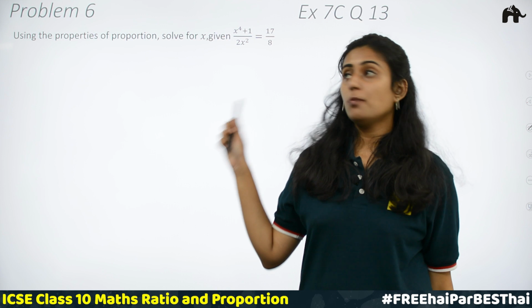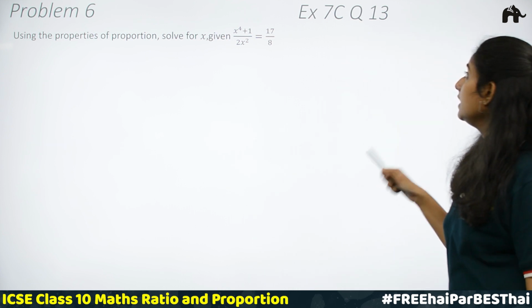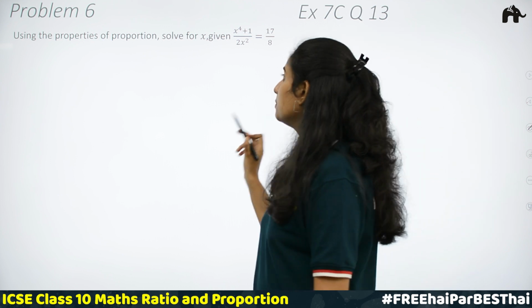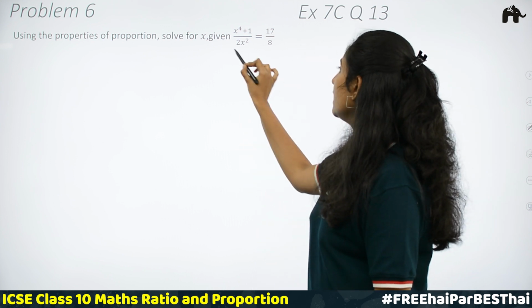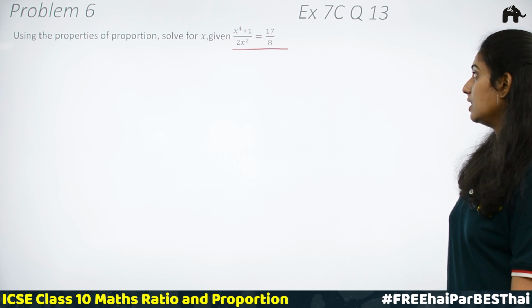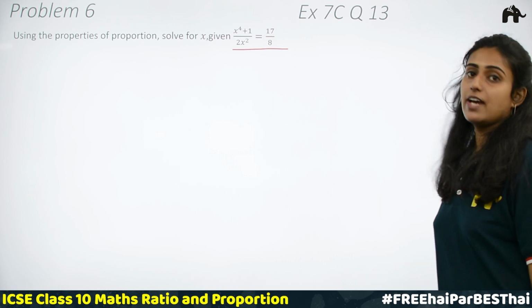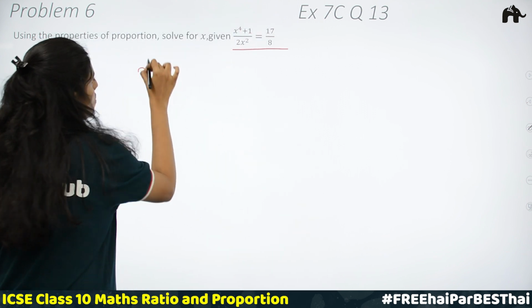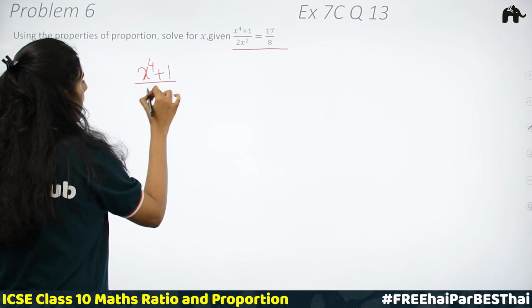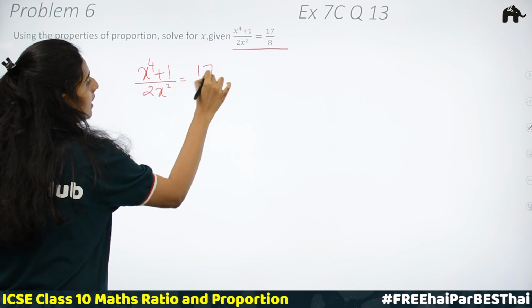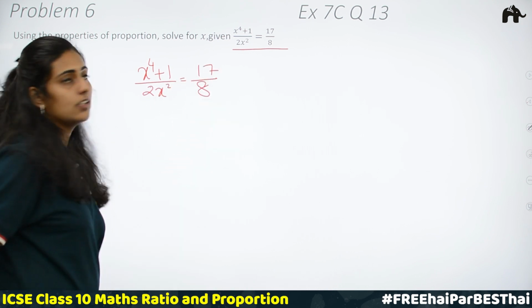Okay. Problem 6, question 13 of exercise 7C. Using the properties of proportion, solve for x given x raised to 4 plus 1 divided by 2x square is equal to 17 divided by 8. Okay. We have x raised to 4 plus 1 divided by 2x square is equal to 17 divided by 8.